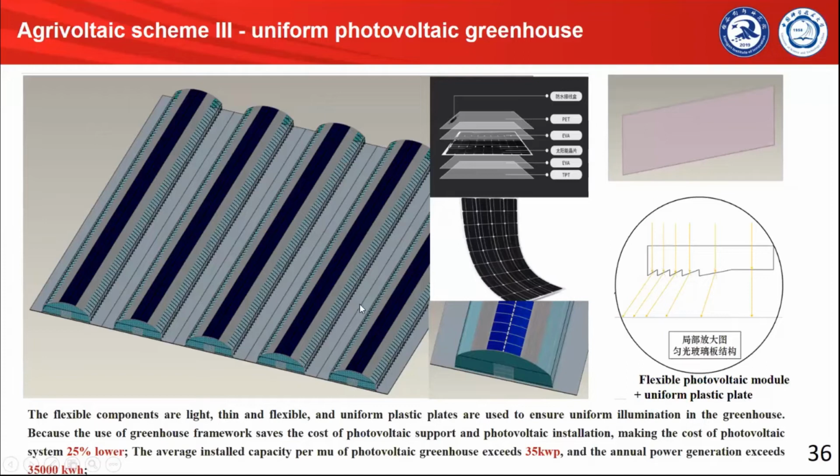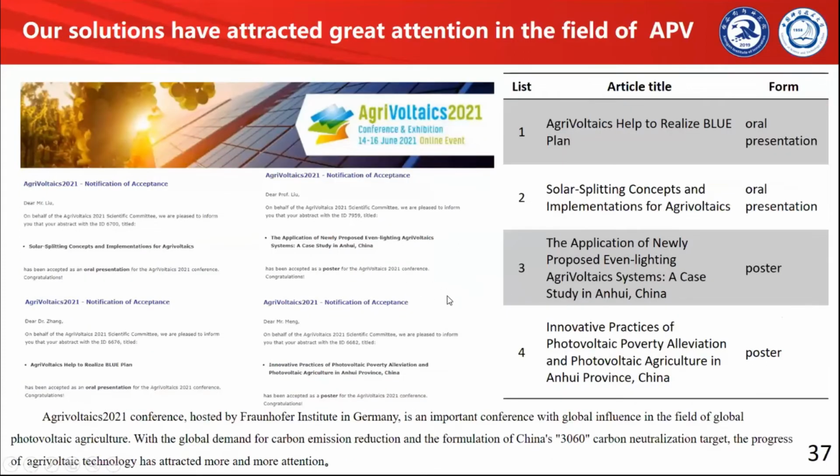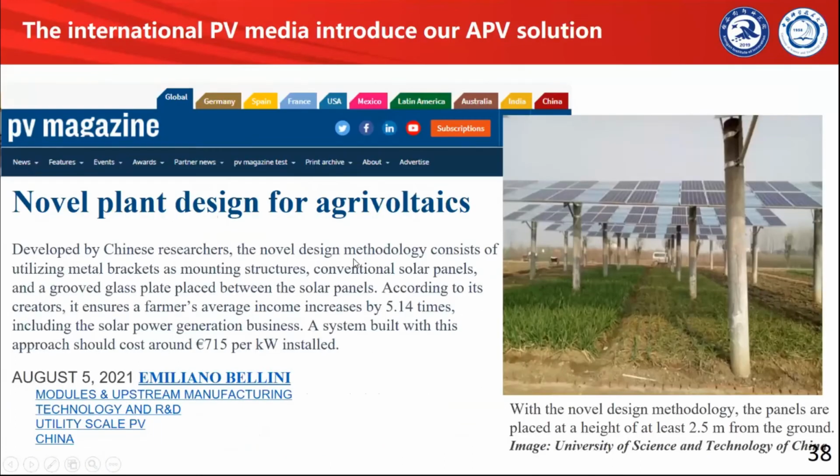Some results of this solution we will also report at the Agrivoltaic 2021 conference, and another conference is coming this year. PV magazine also made an introduction about our solution.